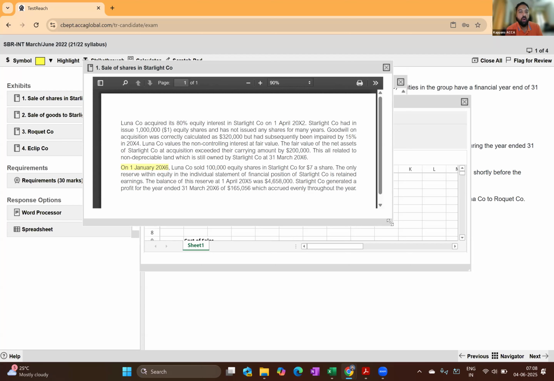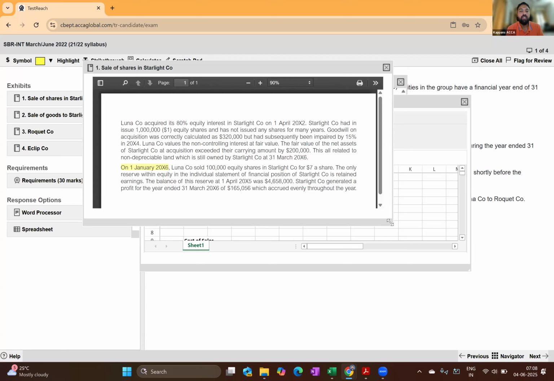This all related to non-depreciable land which is still owned by Starlight Company at 31st March X6. On January X6, that is our current year, Luna Company sold 100,000 equity shares in Starlight for $7 a share.